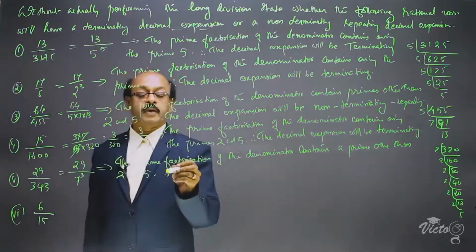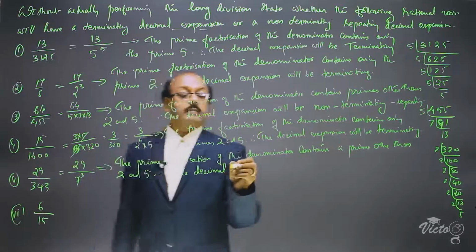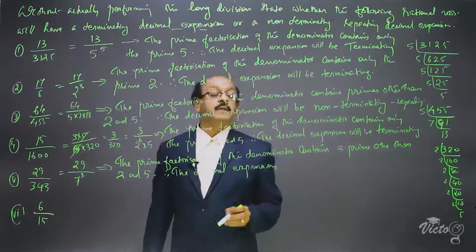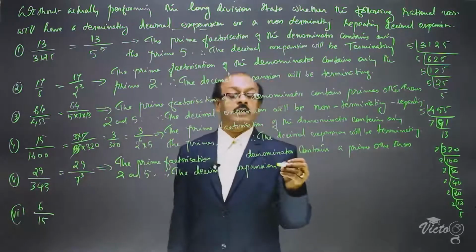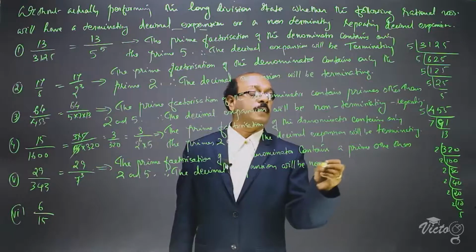Therefore, the decimal expansion will be non-terminating repeating.